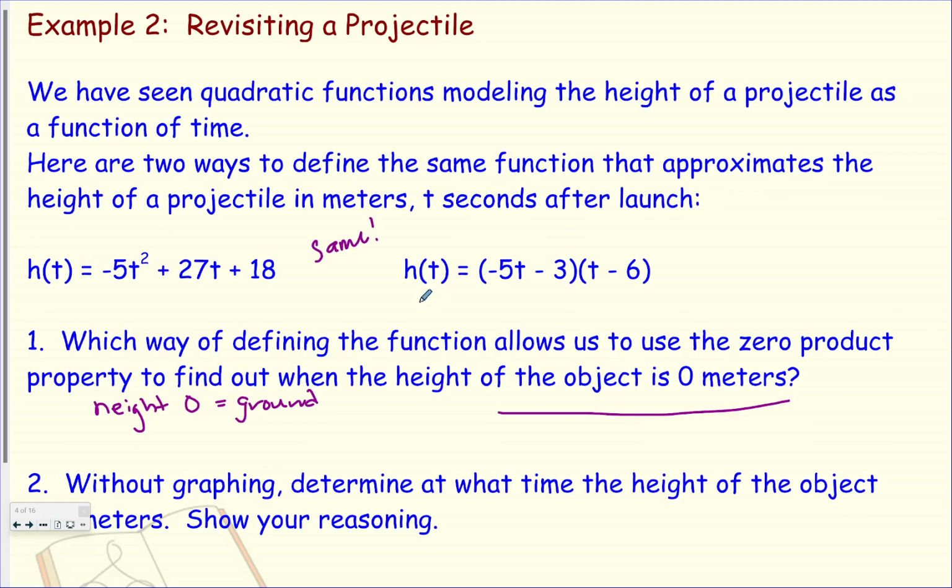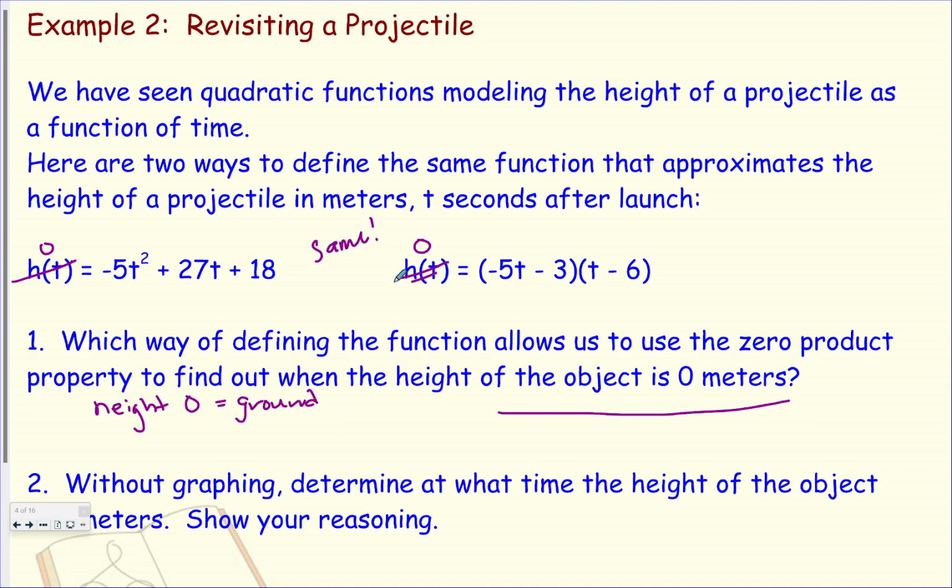So if the height of the object is 0, say up here in these equations, these were zeros, which equation is going to be easier to work with? The t squared and the t are going to be hard to separate from one another. But this one, remember, one of these factors has got to be equal to 0, right?